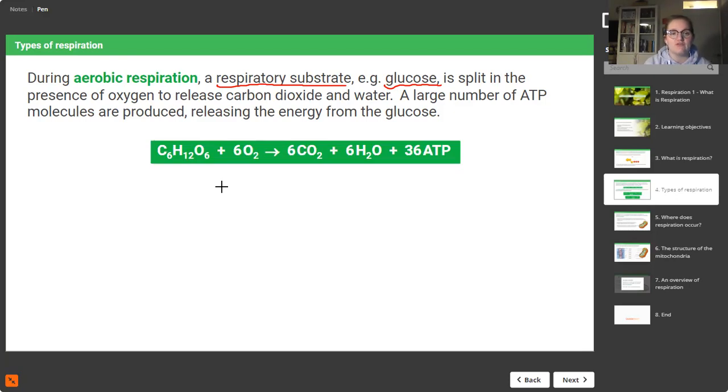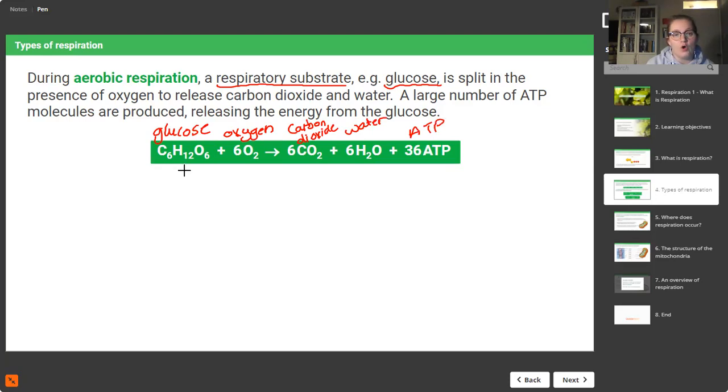So here is our equation for aerobic respiration. We've got glucose, C6H12O6, plus oxygen, which provides us with carbon dioxide, which will be our waste product, water, and then obviously ATP.